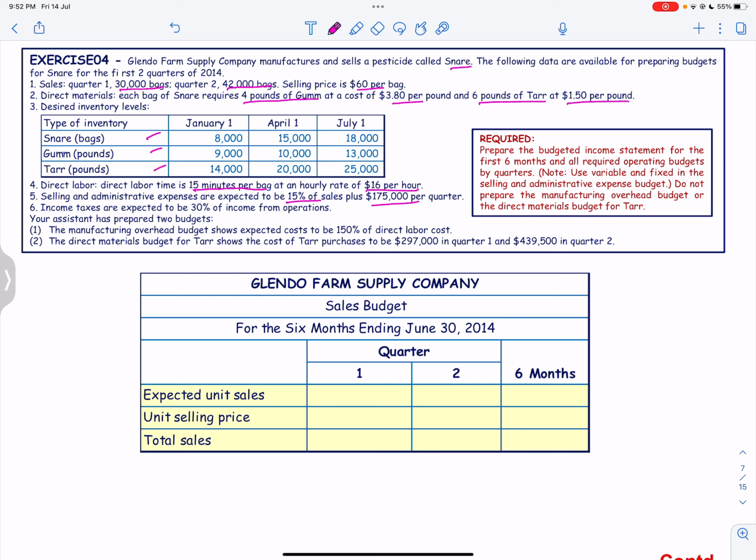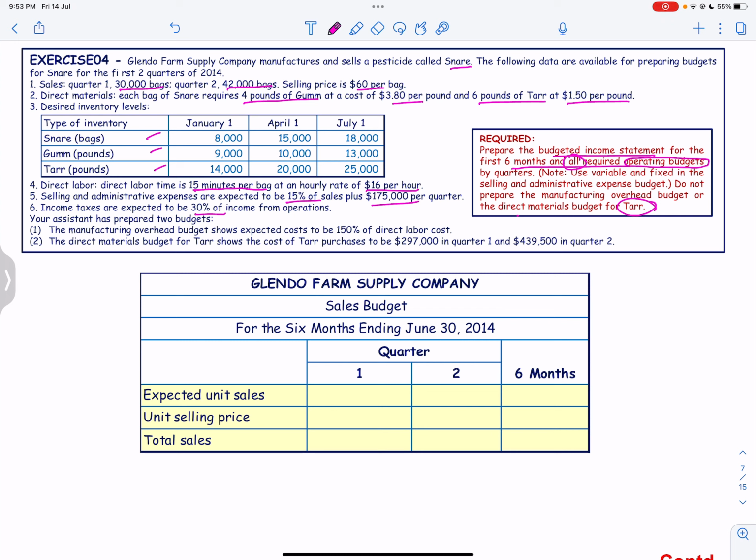Income taxes are expected to be 30,000, and we are required to prepare the budgeted income statement for the first 6 months and all required operating budgets. So we are going to prepare, and do not prepare manufacturing overhead budget or the direct material budget for tar. So we are going to prepare only for gum.